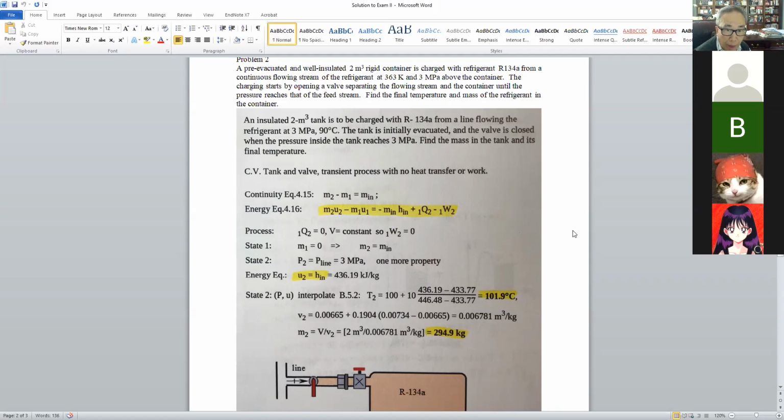So we know it's between 436 kilojoule per kilogram. How do you know it's a superheated vapor? Yes, it's superheated, yes. But the question didn't say that. So we know the temperature is between 100 and 110 degrees Celsius. Do you agree? Yes, table B.5.2 on page 715, there's a sub-table for 3 megapascal.